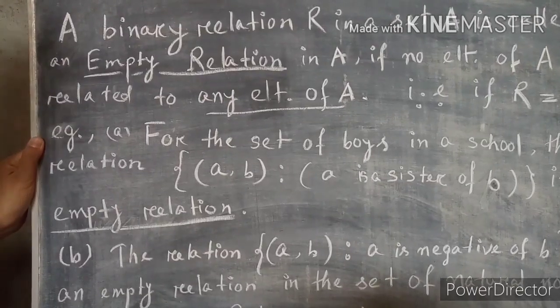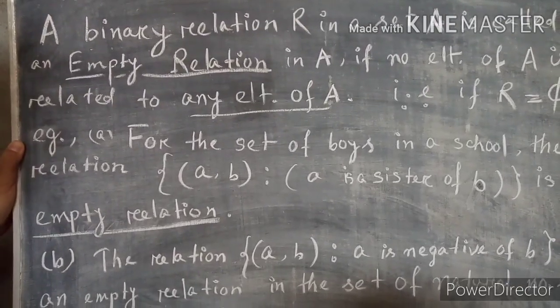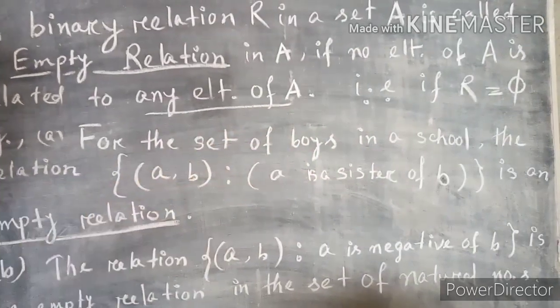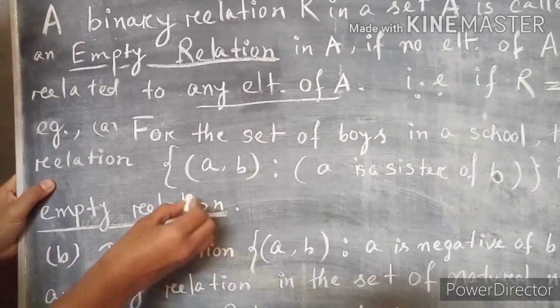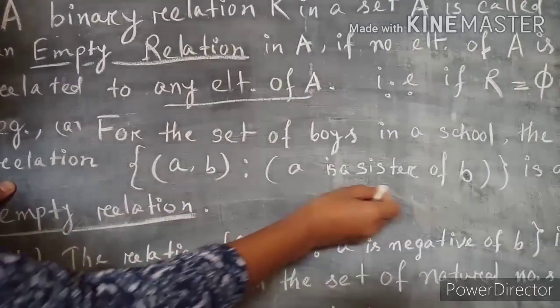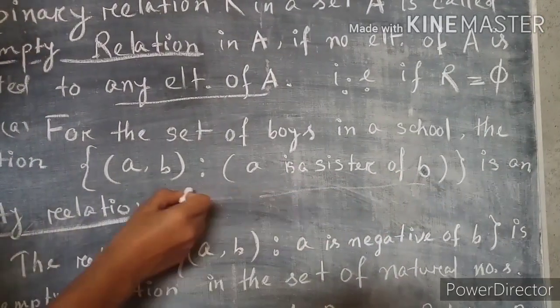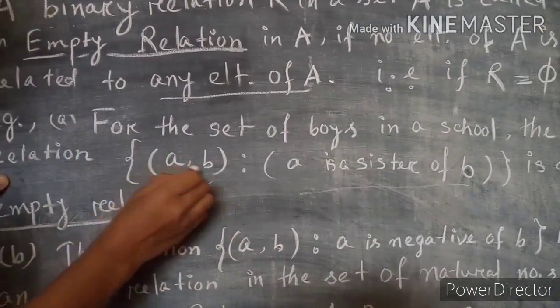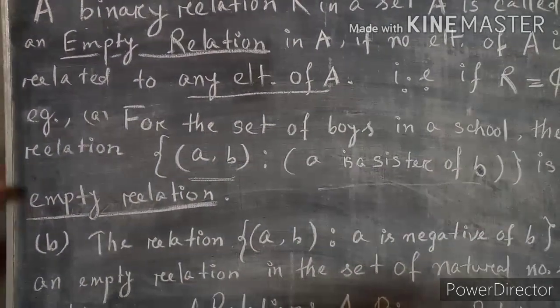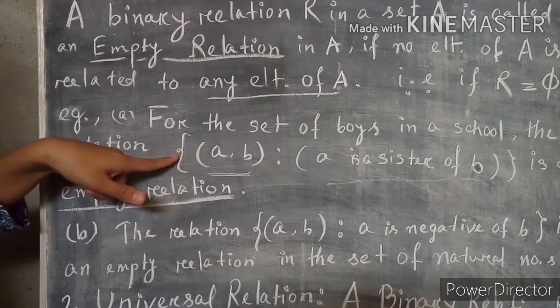For example, if we take the set of boys in a school, the relation defined as the ordered pair (a, b) such that a is a sister of b is an empty relation.